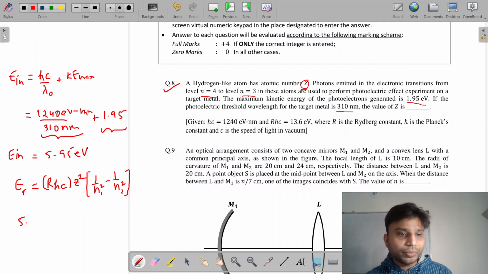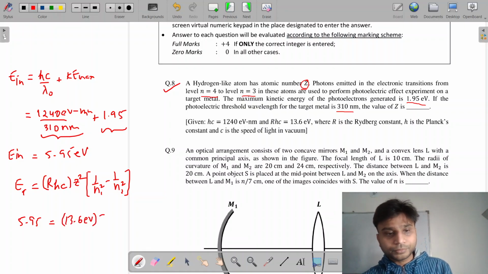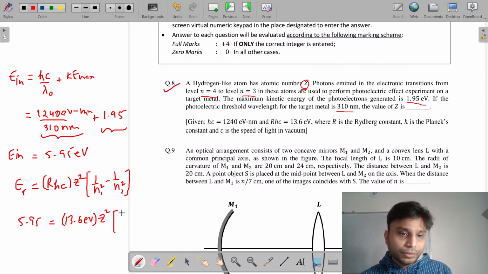So 5.95 is equal to 13.6 eV into Z square into 1 upon 9 minus 1 upon 16.